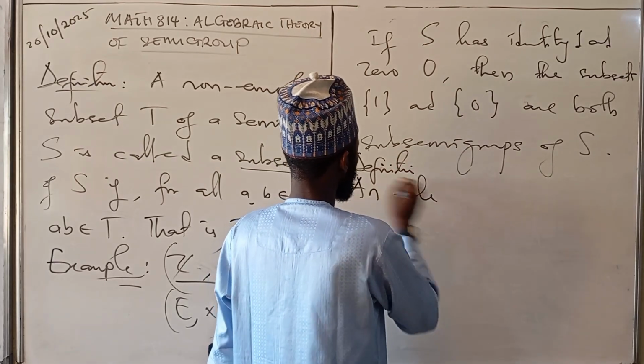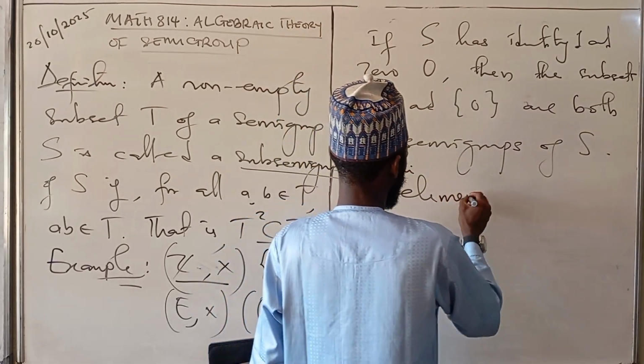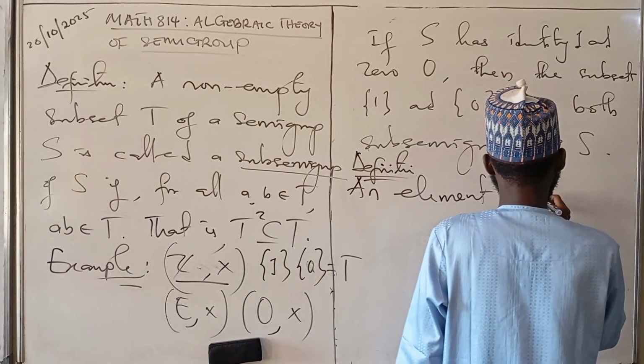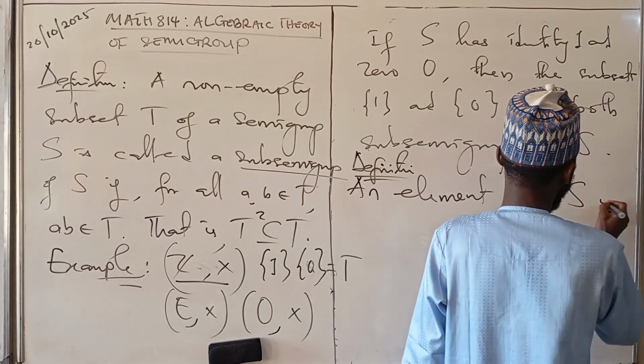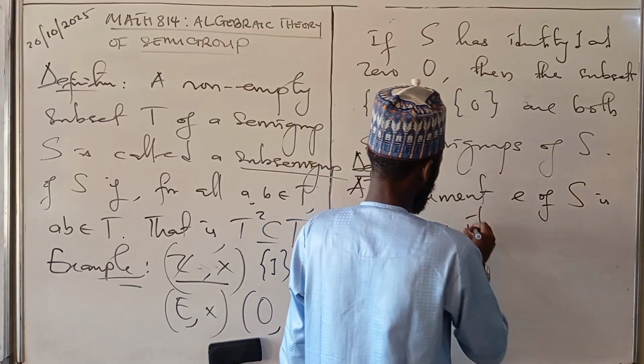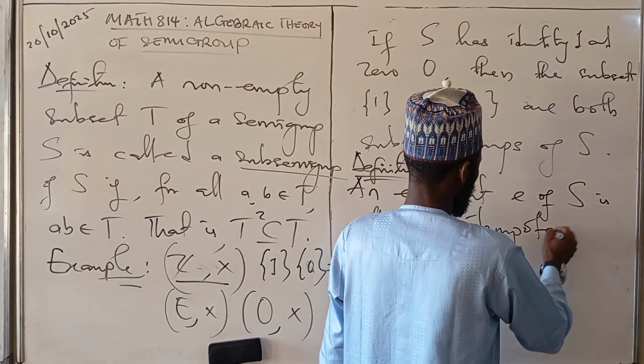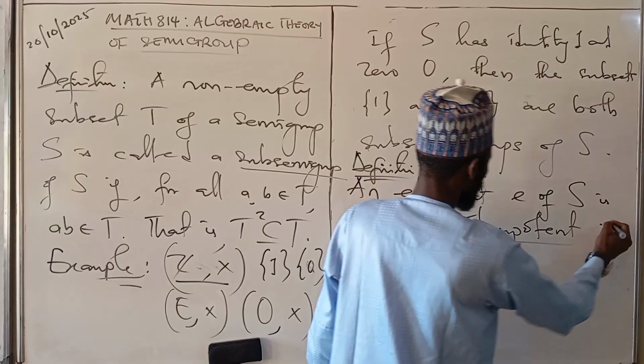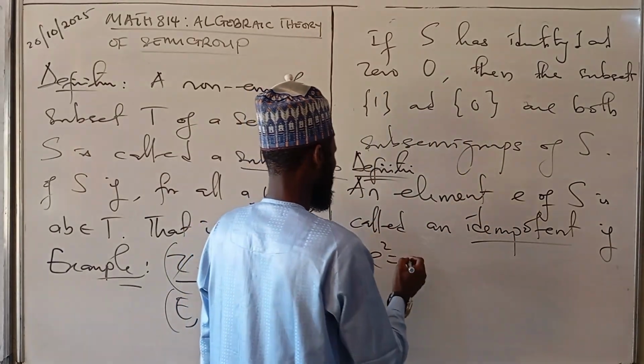An element e of a semigroup S is called an idempotent if e squared equals e.